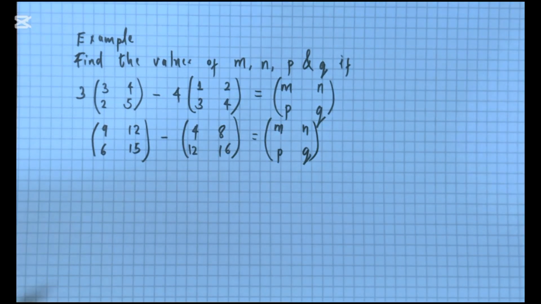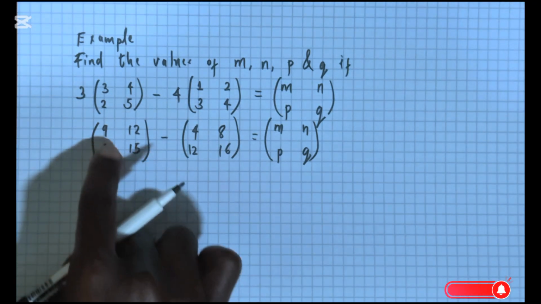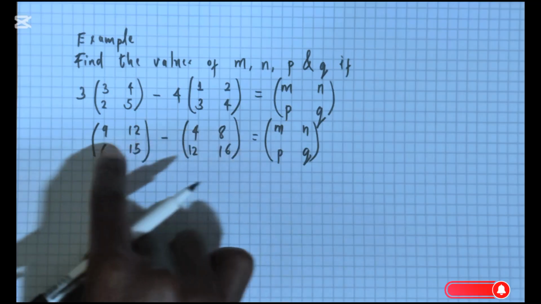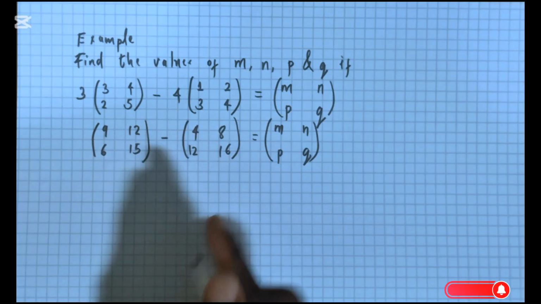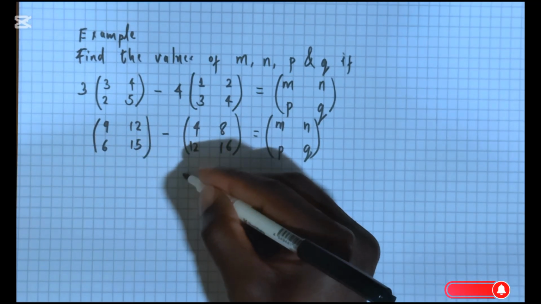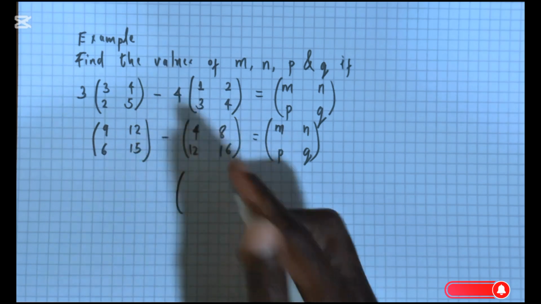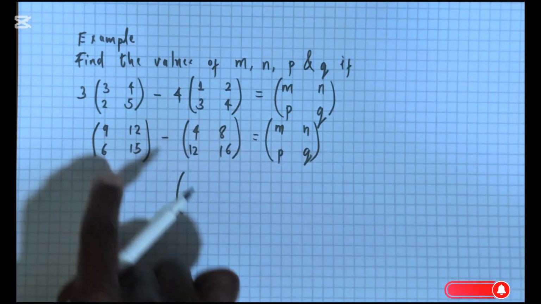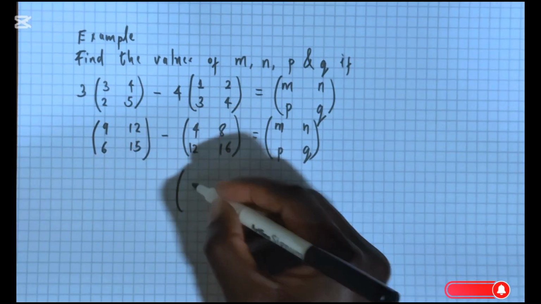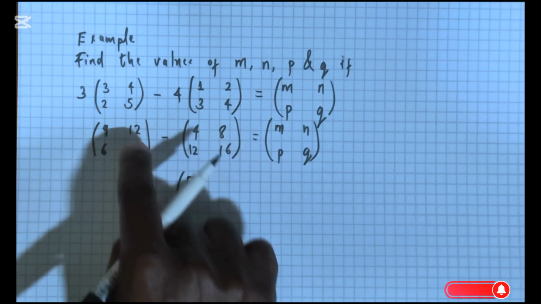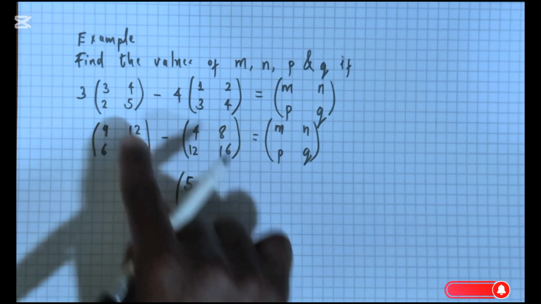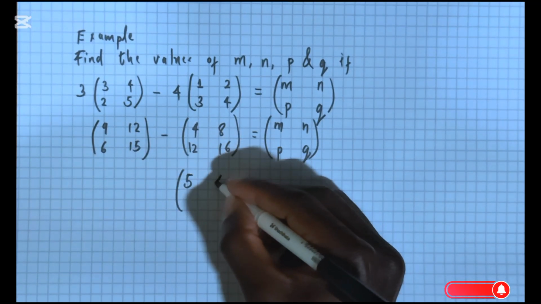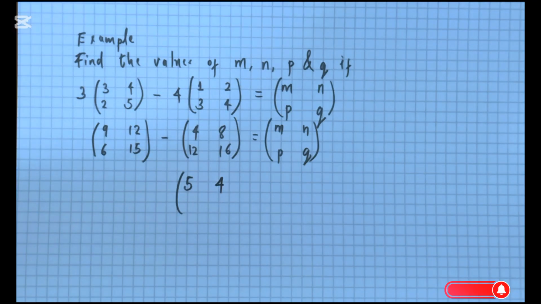Now note that for us to find M, N, P, and Q, we're going to have to finish this operation here. So basically, we're going to have 9 minus 4. We did subtraction of matrices in the previous video. So 9 minus 4 will give us 5. 12 minus 8 will give us 4.